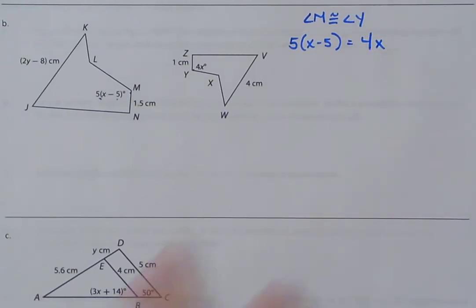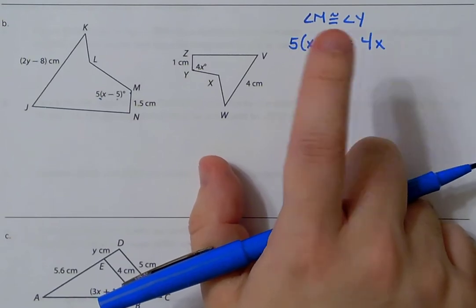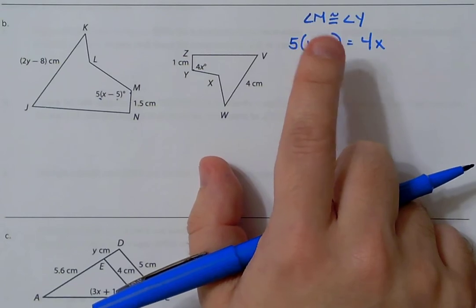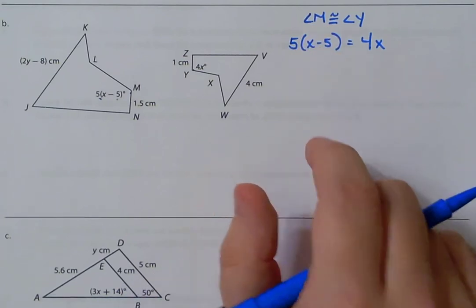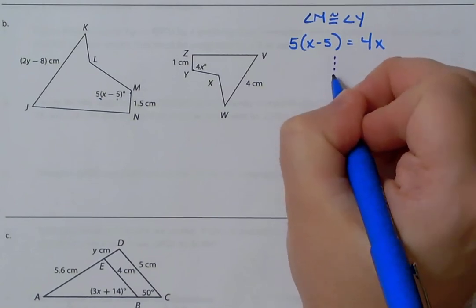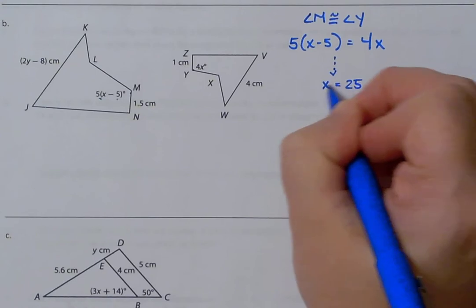So your goal for this problem is to then go through and solve for x. Distribute the 5, move the x to one side, and then divide. For this one, if you want to go through and solve it, you should get x to equal 25.